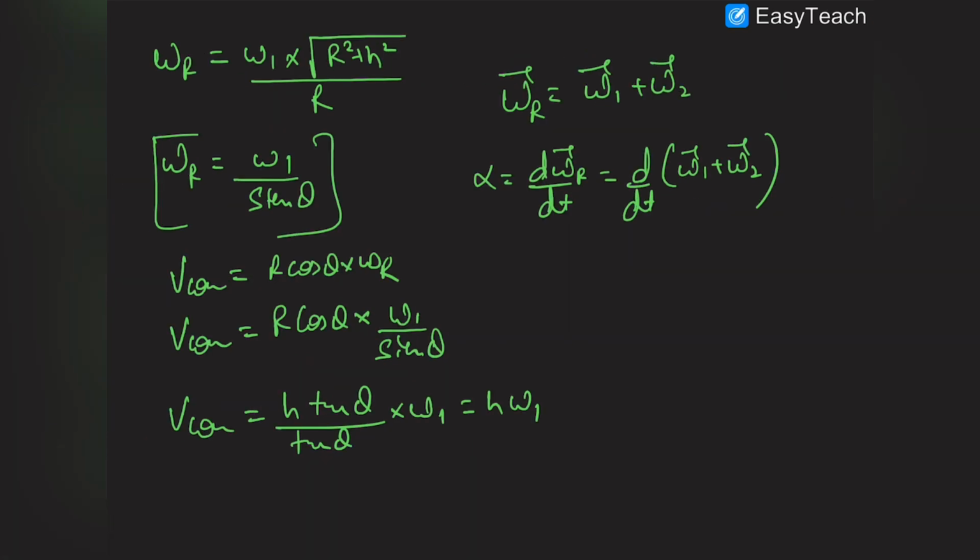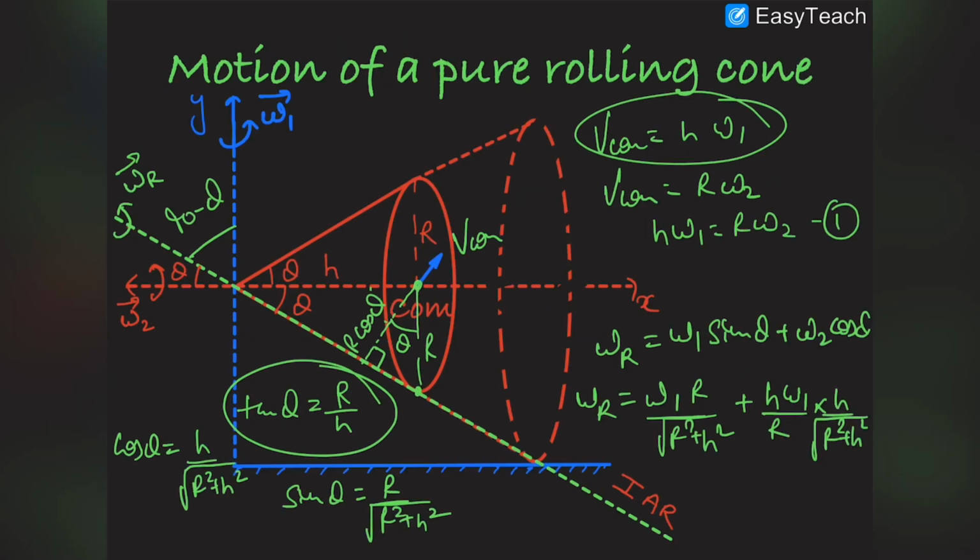So omega 1 is constant, and therefore d omega 1 by dt would be 0. Now alpha would be equal to d by dt of omega 2. Now you can see that omega 2 is constant in magnitude, but it is only a variable in the direction, because when this cone will rotate, the omega 2 will also rotate.